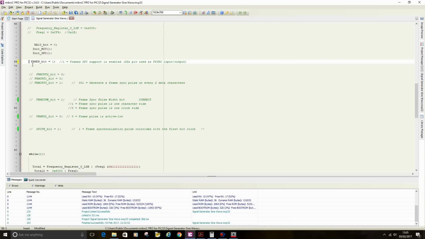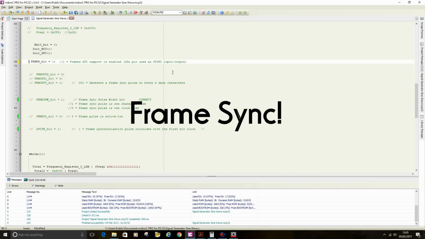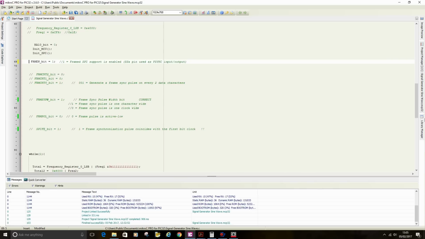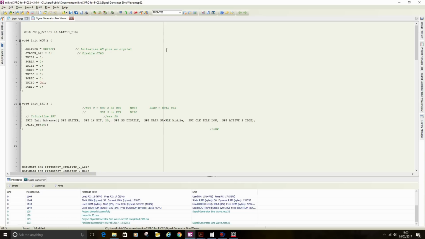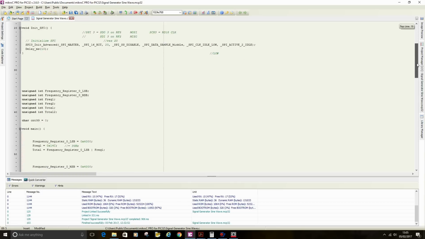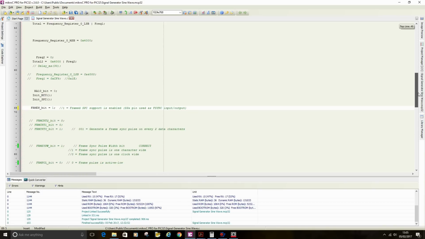So that frame support bit enable, bit 1, so frame support is enabled SS, so in my case slave select 3 pin is used as a frame select output. So that's why that pin at the top I chose, D14, that's slave select for SPI3.